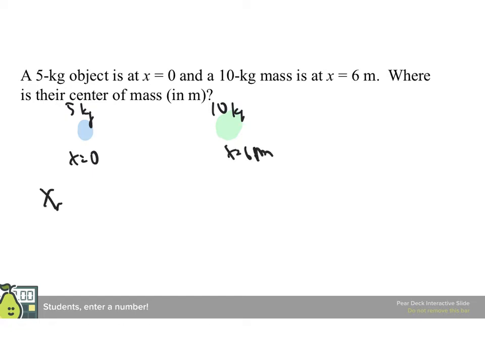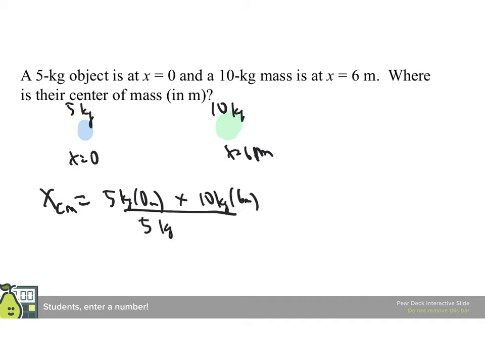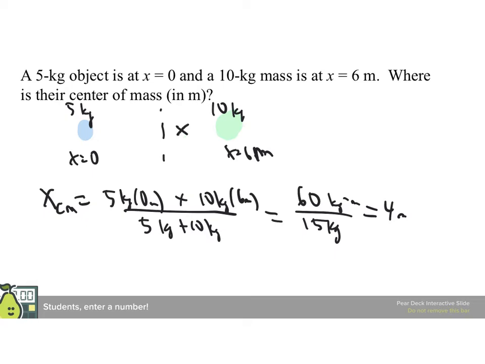So again, we can say the center of mass position is 5 kilograms times 0 meters plus 10 kilograms times 6 meters over 5 kilograms plus 10 kilograms. So this ends up being 60 kilogram meters over 15 kilograms, which is 4 meters.